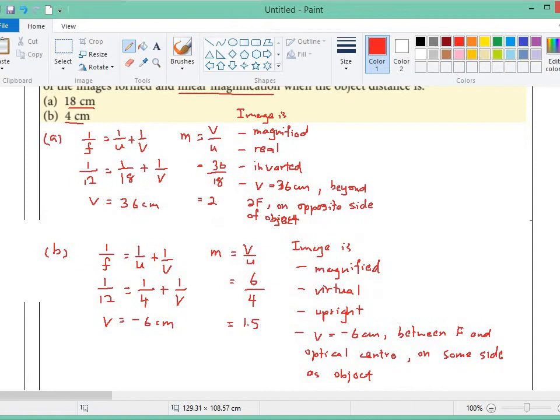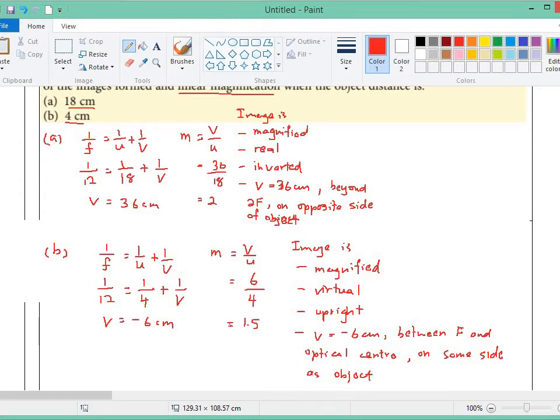We can get a lot of information from a thin lens formula just by knowing the type of the lens, and we know the image distance. We can know the characteristic of the image. We know where the image is going to appear. We know whether it is a virtual image or real image. We know whether it will be bigger, same size, or smaller.